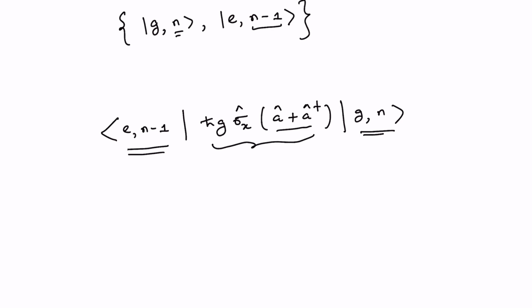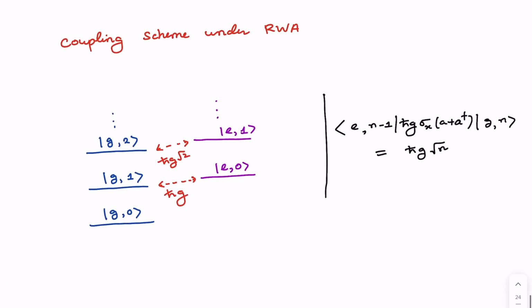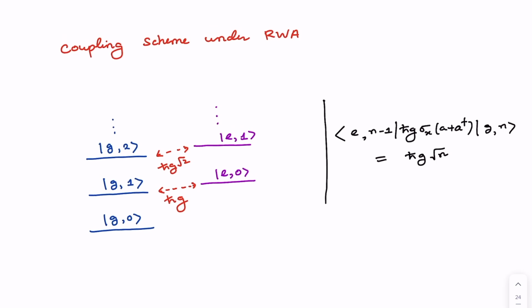And it's very trivial to show that if you do the calculation, you are going to get ħζ square root of n. What does it mean? This means that you are going to have this kind of energy level diagram, and this is the coupling scheme under the rotating wave approximation.